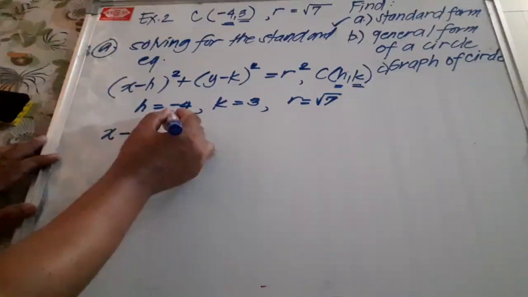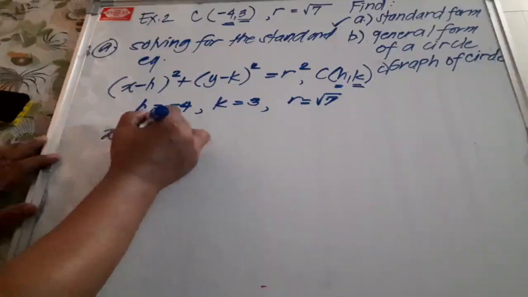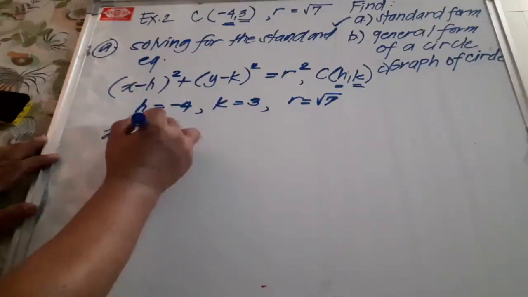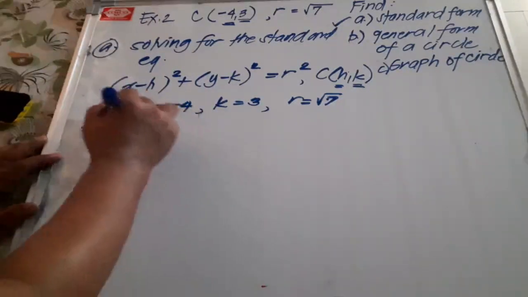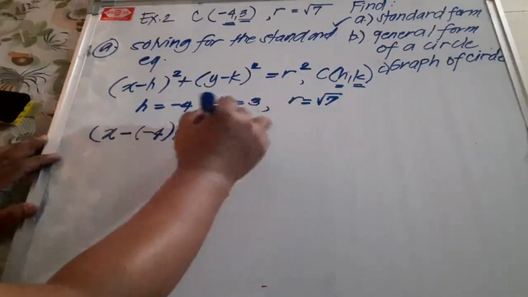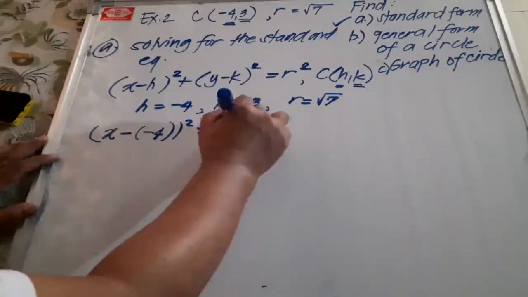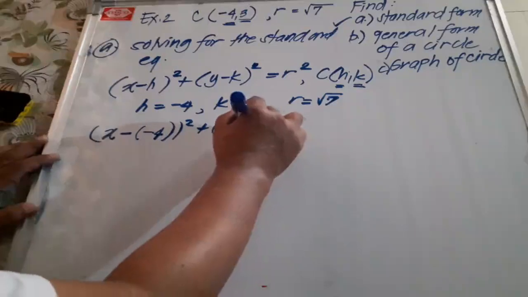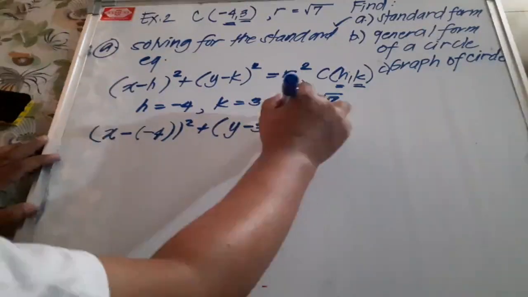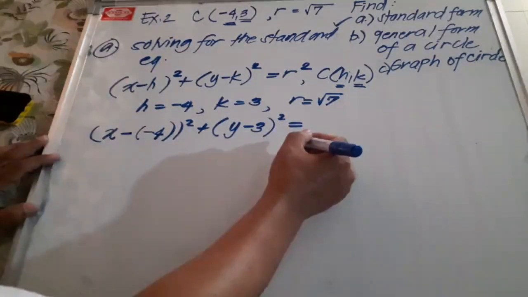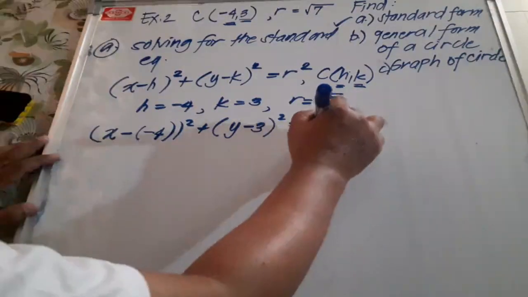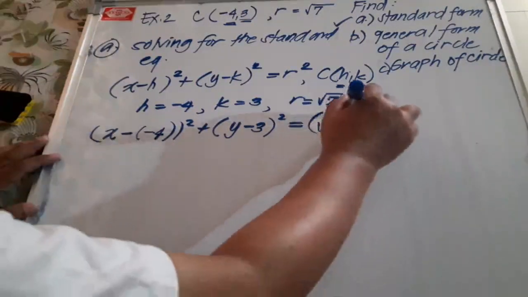So, we have X. Anong value ng H? Negative 4. So, that will be x minus negative 4 squared plus y, the value of k is 3, y minus 3 squared, and the value of r is square root of 7, so that will be square root of 7 squared.